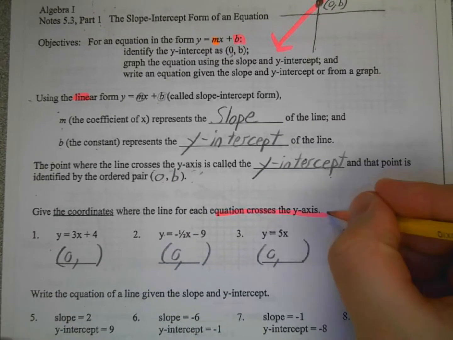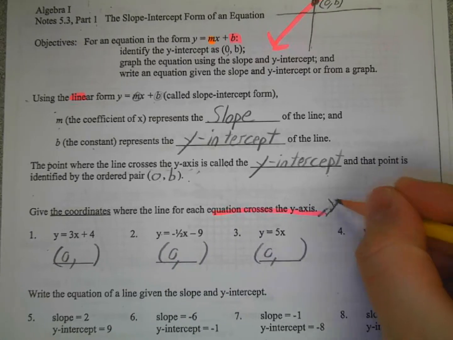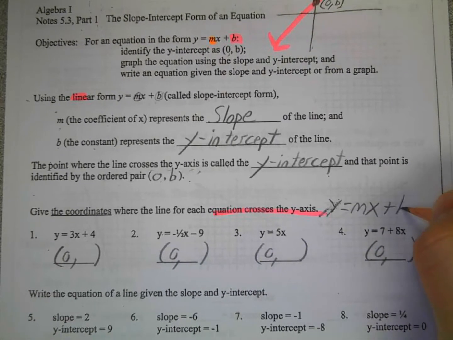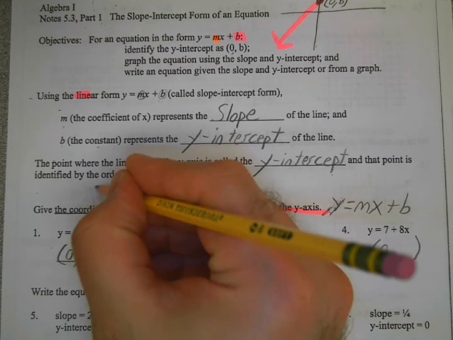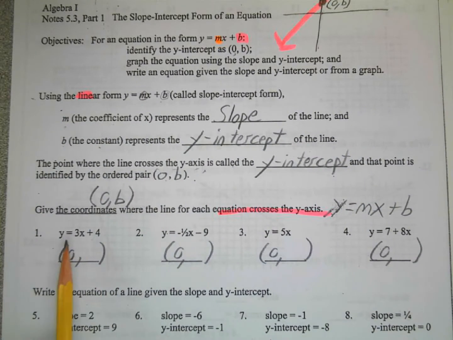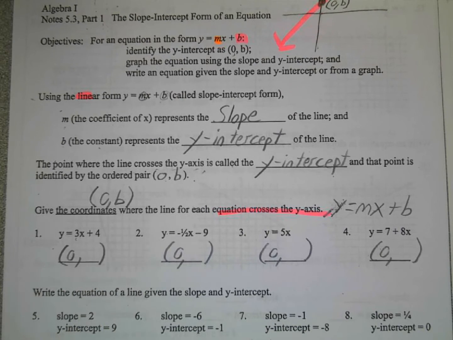Remember, our equation is y equals slope x plus our intercept b. So I want to find that coordinate (0, b). If you look here, y equals mx plus b, my m is 3, and my b is the last number at the very end.